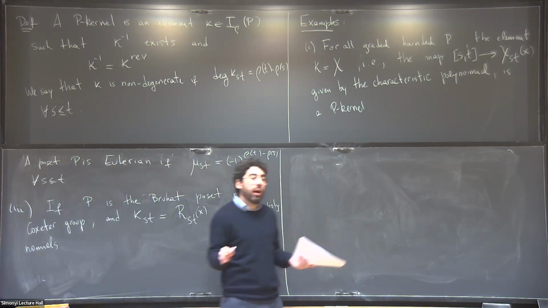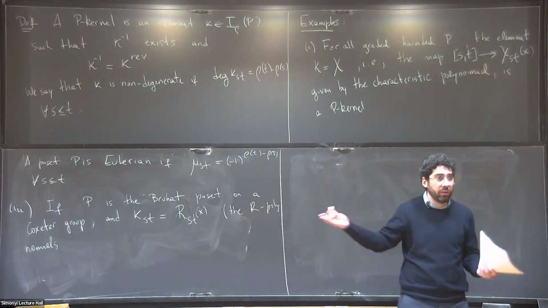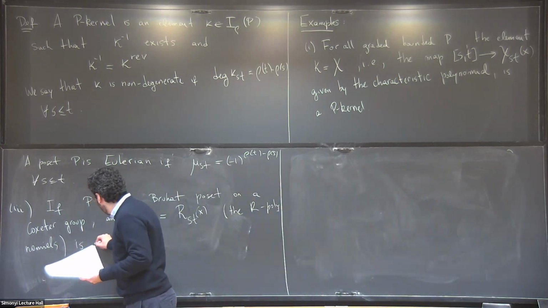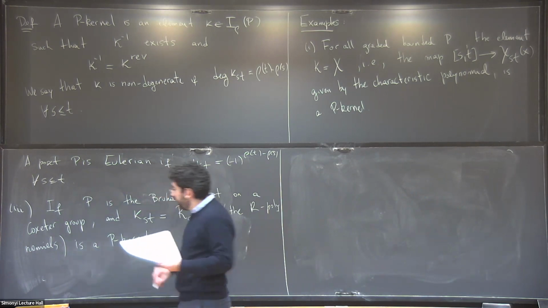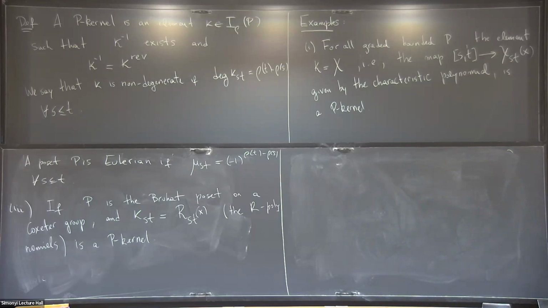So I won't define what an R polynomial is. This is not an example that I will do in detail, but in case you already know what this is, this assignment is a P-kernel. Yeah, in the three cases, actually, the kernels are non-degenerate.